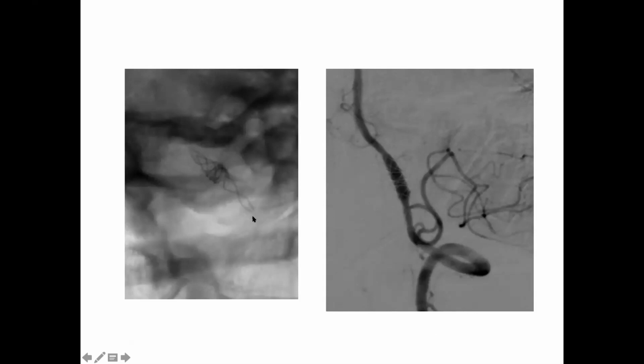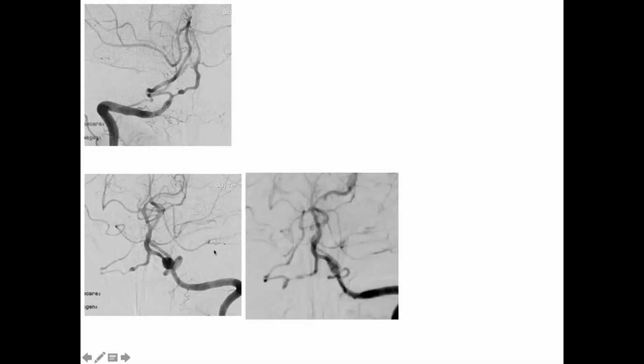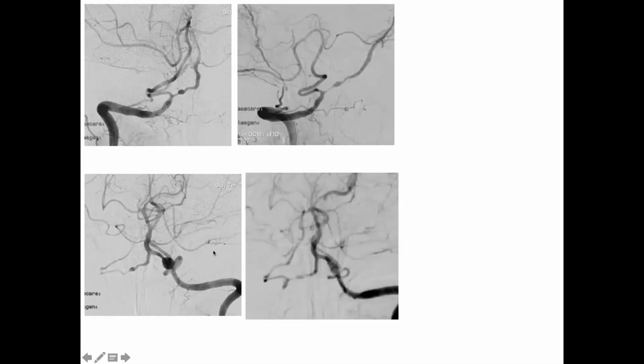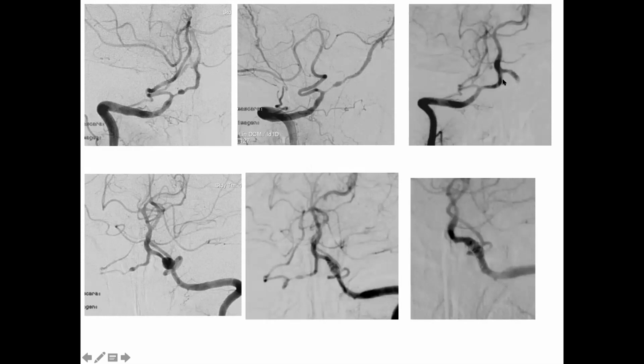This is the 2 Leo stents also. This is before, after 1 week, after 1 month, the right side dissecting aneurysm totally disappeared. Probably due to the change of flow in the region.